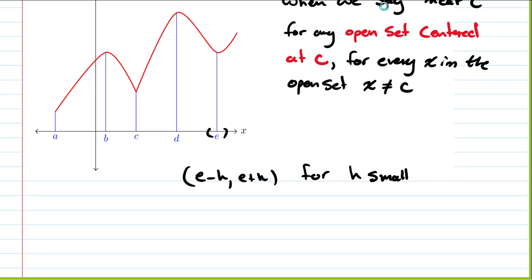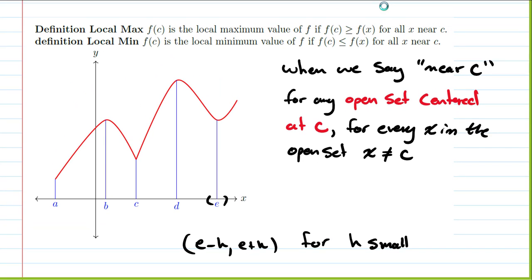What we're saying in this definition is that f of c is a local maximum or a local minimum if we can make an open set around a point where that center point is either the greatest value or the smallest output for the function. The set can be infinitesimal, so that's why we make it a local phenomenon.